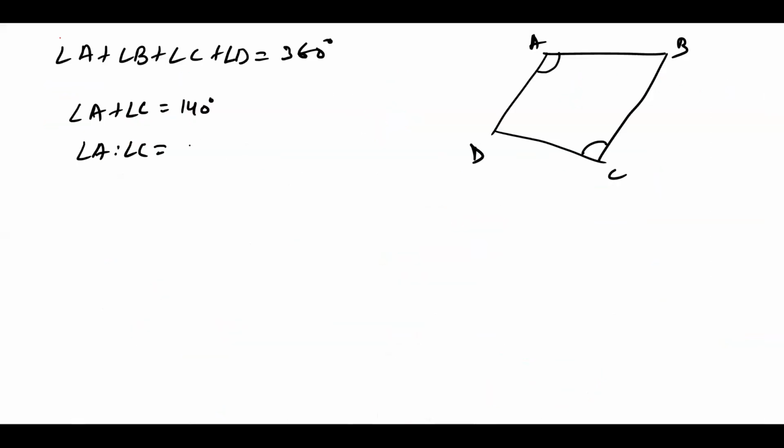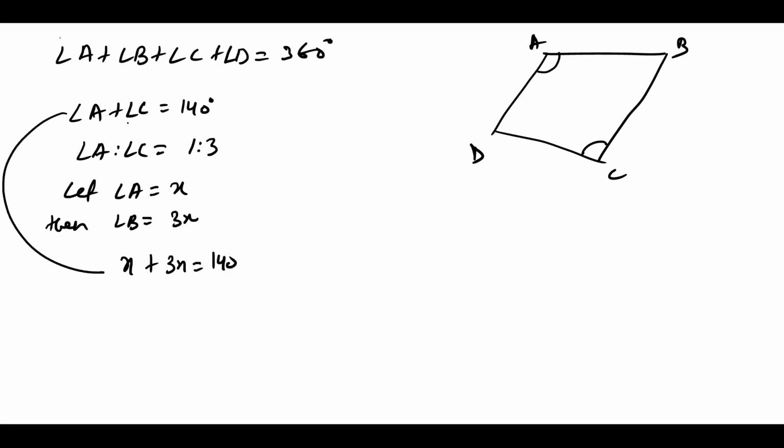So we'll consider, let angle A be equal to x, then angle C will be equal to 3x. So x plus 3x will be equal to 140 degrees. We write it this way, this is A and this is C. Got it? Yes, sir.